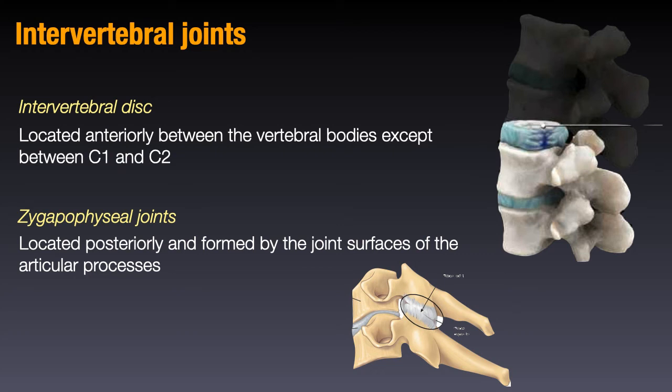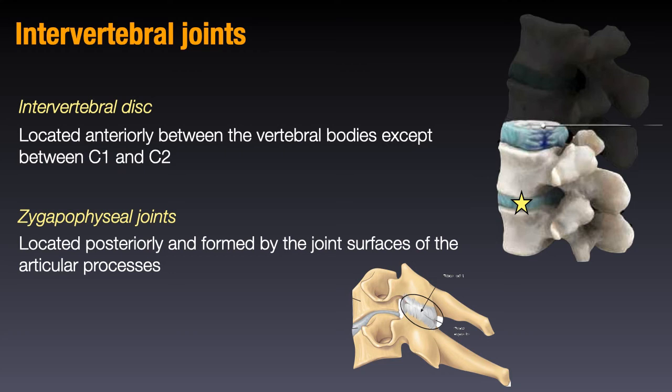In order to move, the vertebrae must articulate with each other. As said before, we can find 2 types of joints among the vertebrae. We have the intervertebral disc, which is located there, between all the vertebral bodies except between the first and the second cervical vertebrae, so C1 and C2.